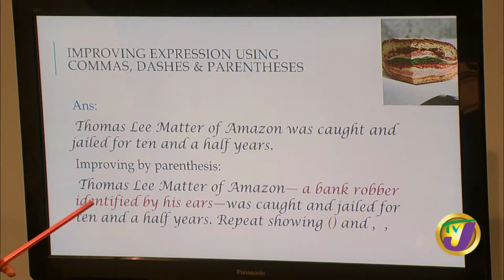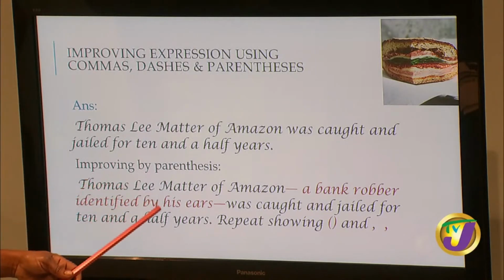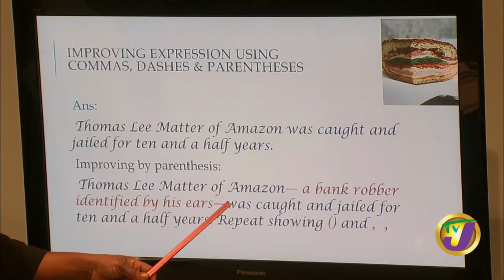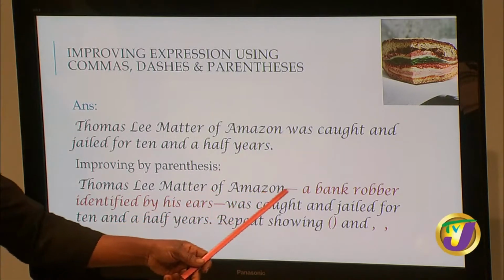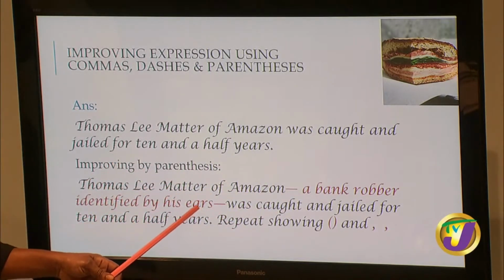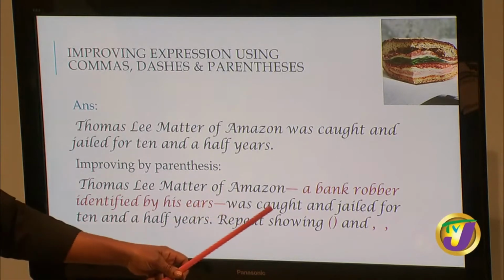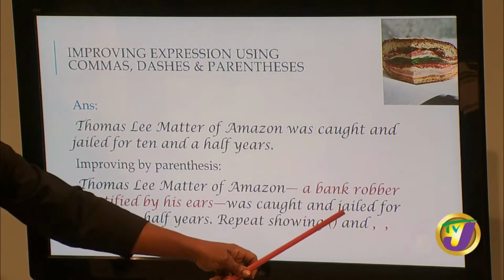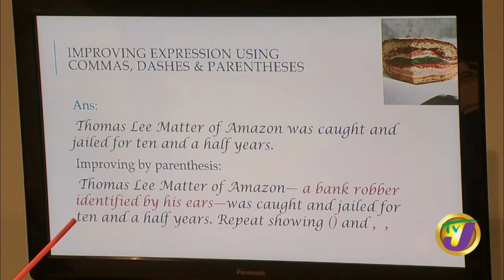So then, you may wonder about this person. So I'm going to say Thomas Lee Matter of Amazon, a bank robber identified by his ears, was caught and jailed for 10 and a half years. Okay then? That's one sentence.